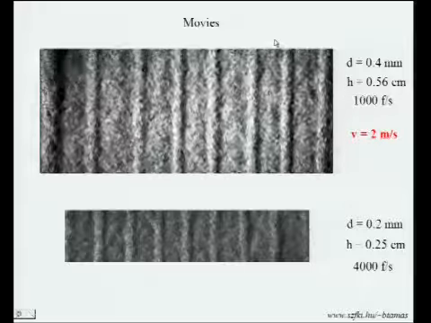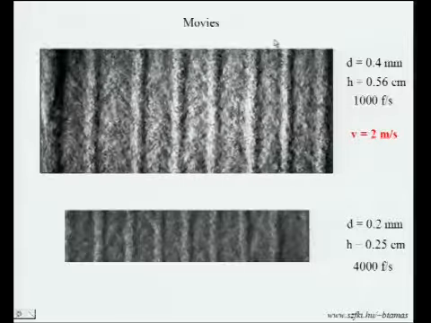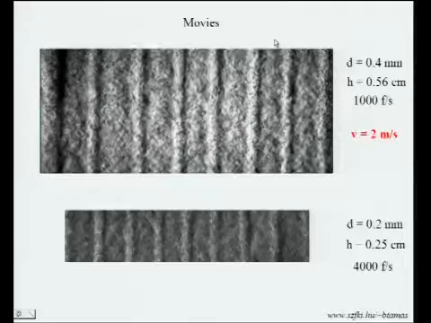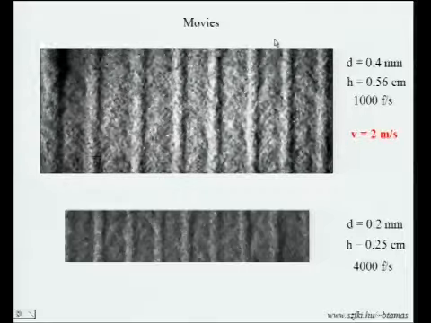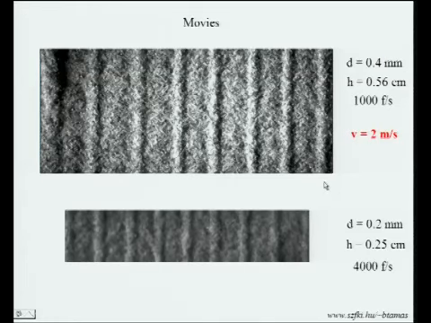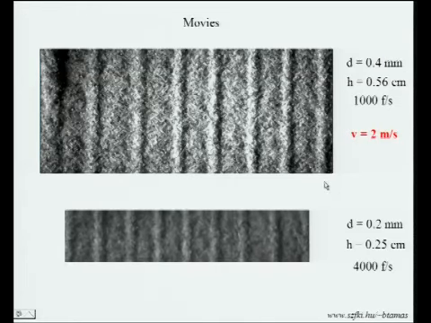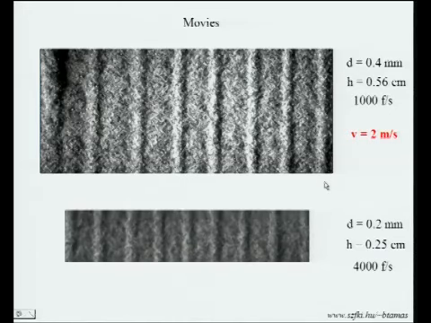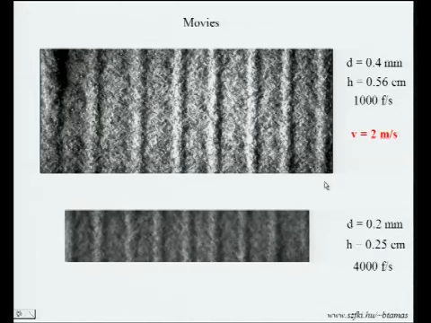So let me now go to the dense regime immediately by showing movies of what we see there. As you see here, there are these height maxima, which I hope you see are going much faster than the material in between. Here's another movie taken at a higher frame rate.